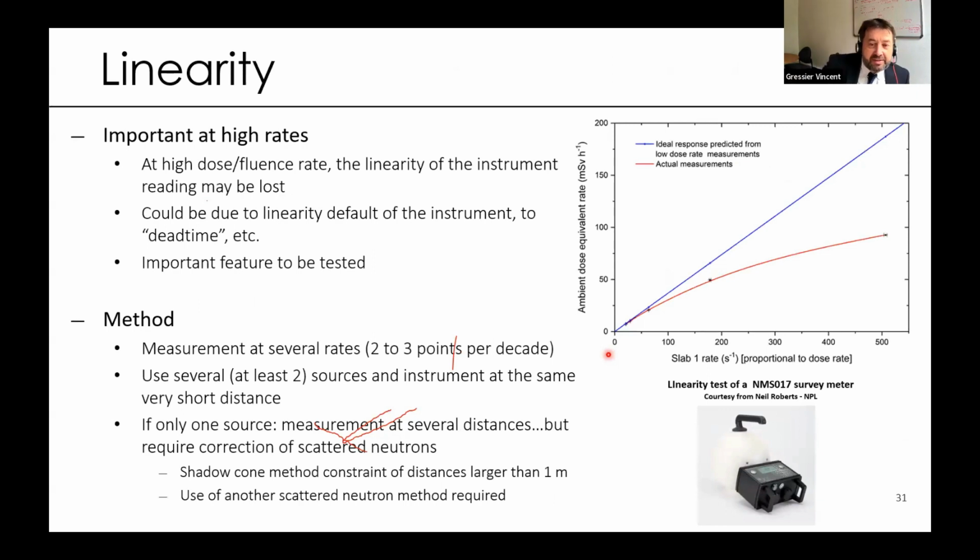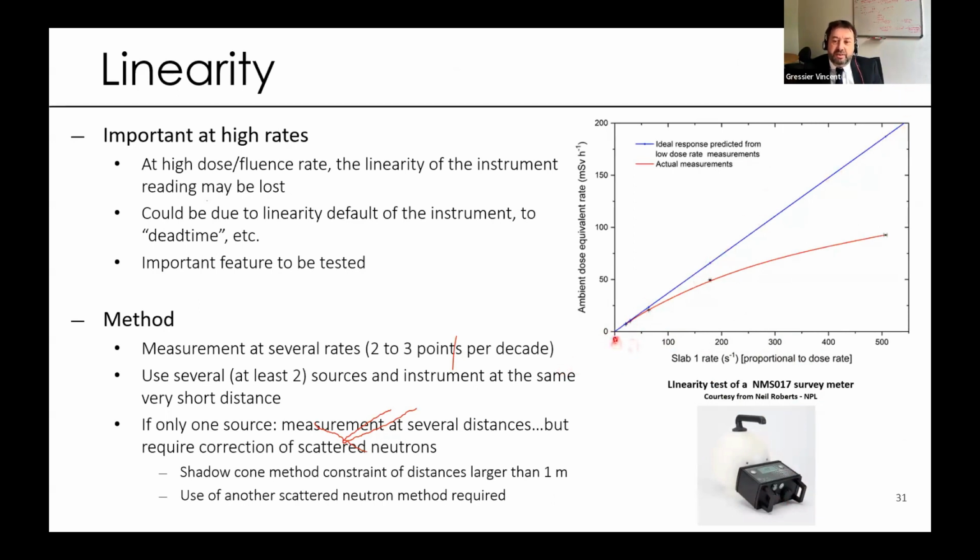Okay, the last point, which is important, is the linearity. Because at high dose rate or high count rate, your instrument is not linear. This is something which has been studied by NPL and Neil Roberts. So he has shown that if you consider at low count rate this kind of instrument, you have something which is linear, and you consider it's linear, you will have this ideal response of the detector.